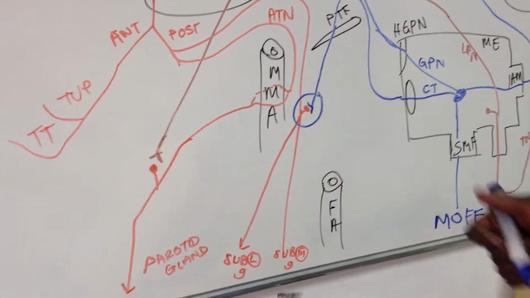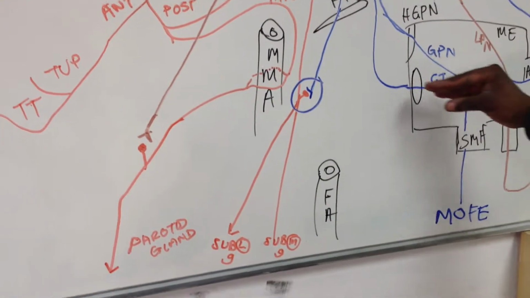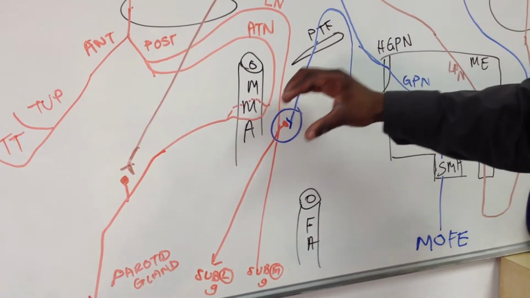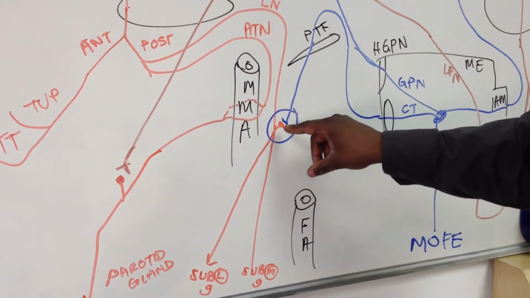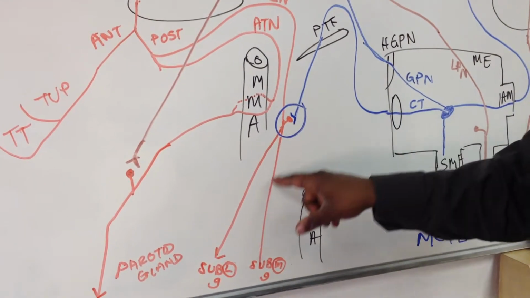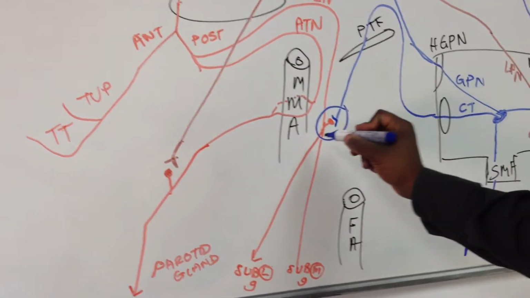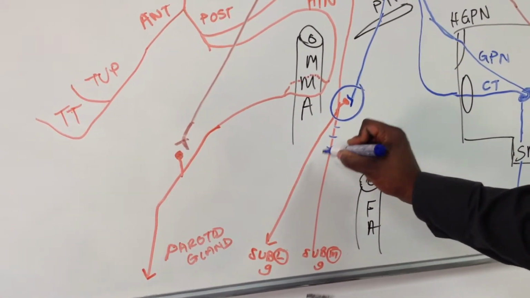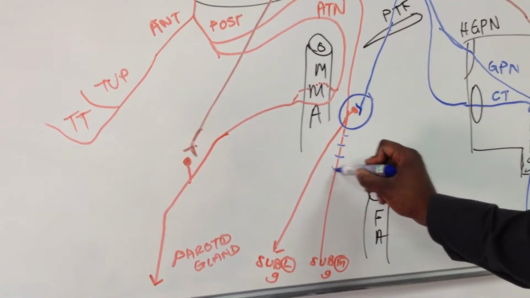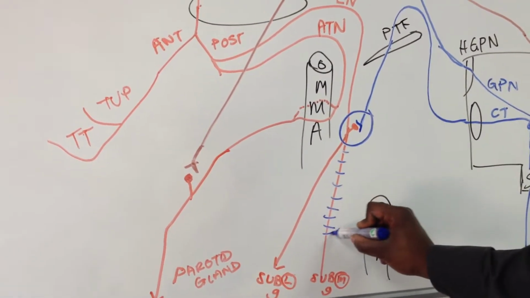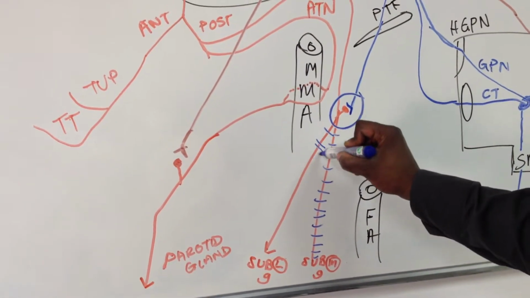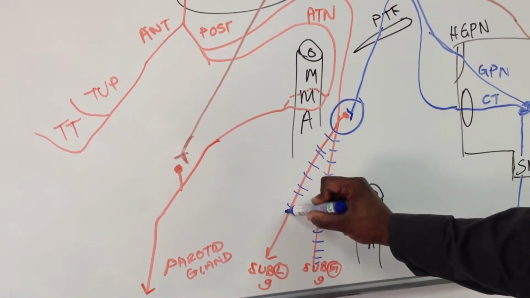So again, the analogy, electricity comes along, comes up to here, and it zaps this node, and this node is delivering postganglionic parasympathetic fibers, down this way, submandibular gland, and this way, sublingual gland.